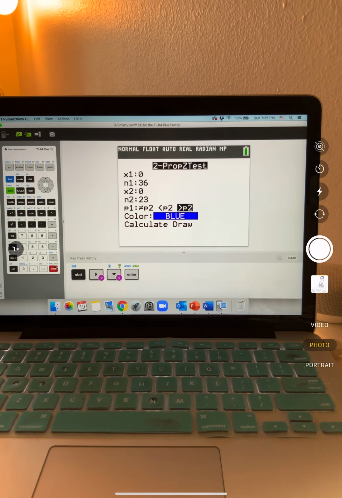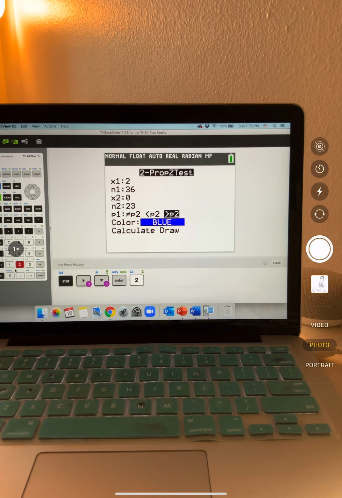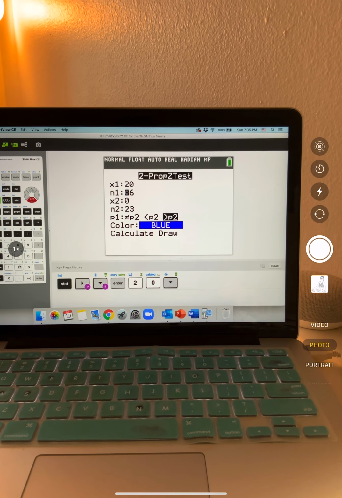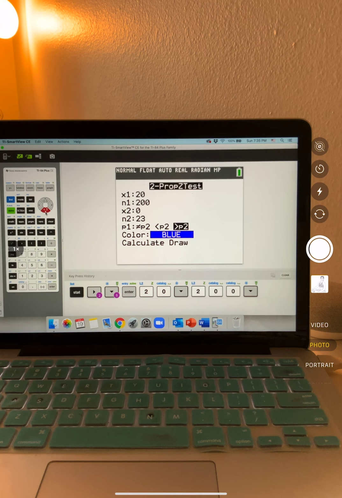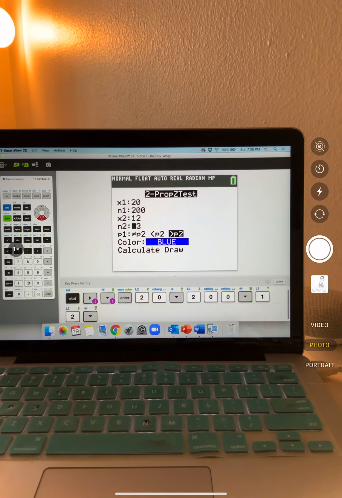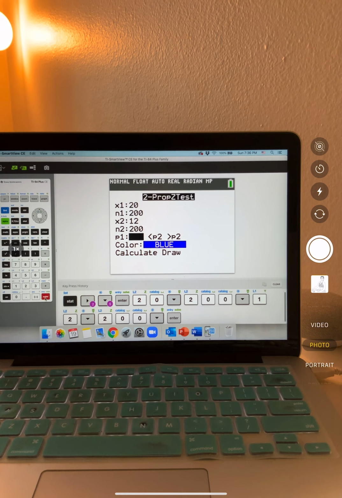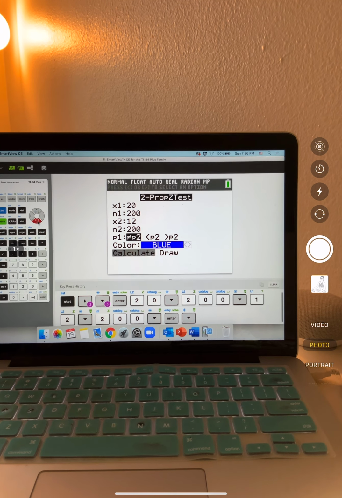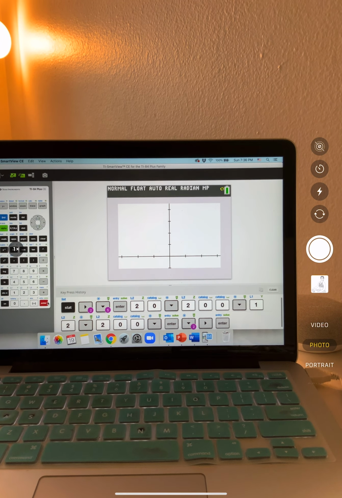So x1 was 20 out of 200. x2, 12 out of 200. We have not equal to, the double tail, and you're going to see the picture. You can calculate or draw, either one is okay.